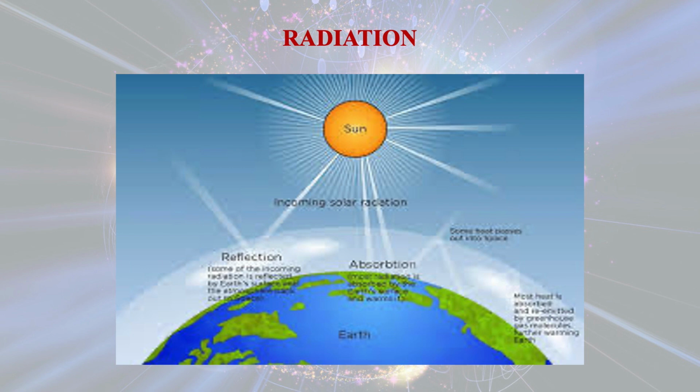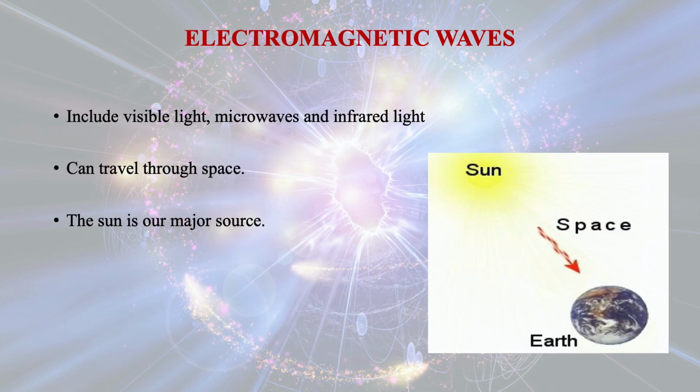And presently all the countries are concentrating on generating electricity through solar power. Electromagnetic waves include visible light, microwaves and infrared light, and they come from the sun and can travel through space.